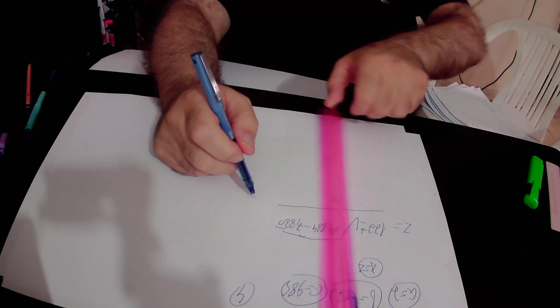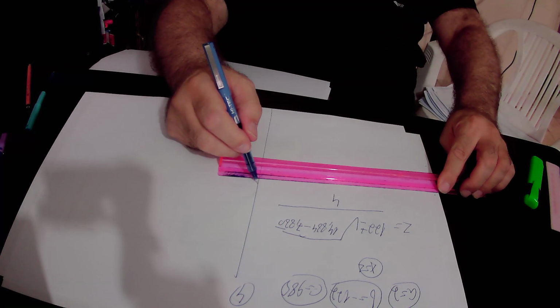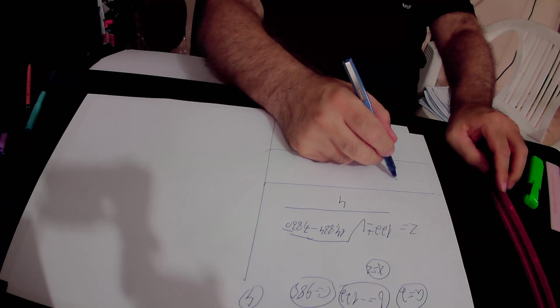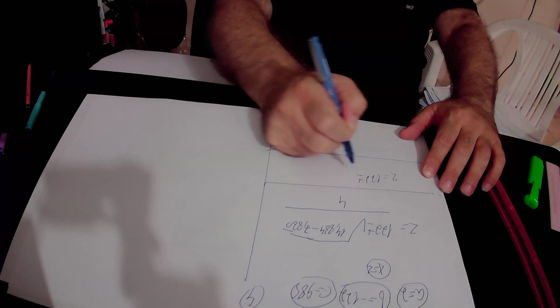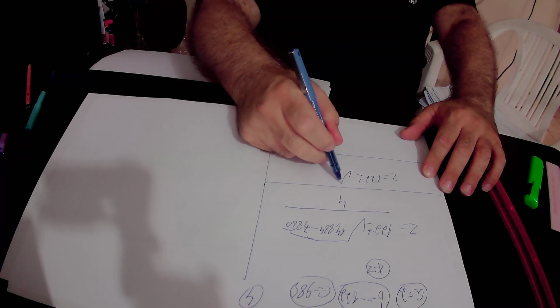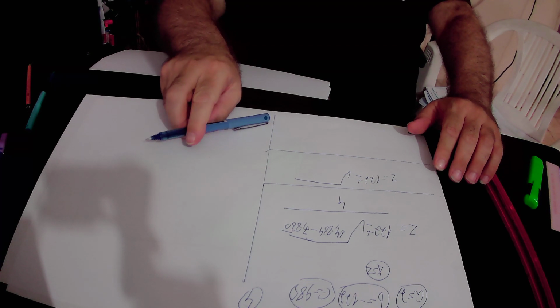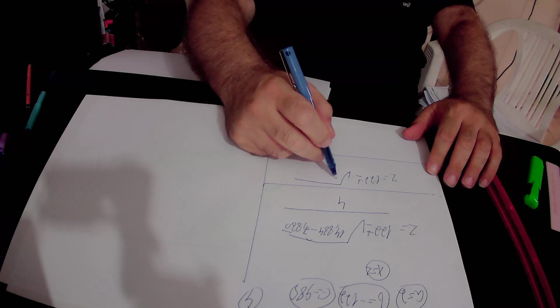So here we found in conclusion that z is equal to 122 plus or minus the square root of 14,884 minus 7,880, which is 7,004.